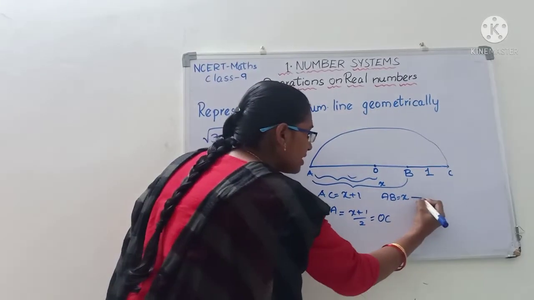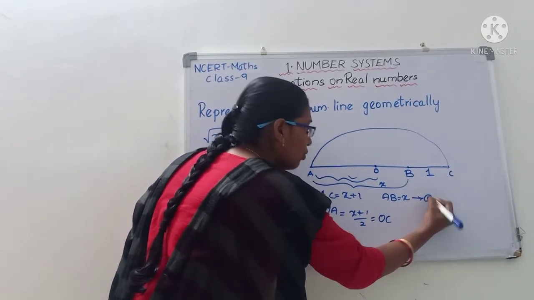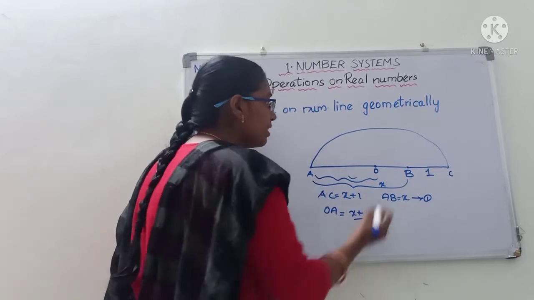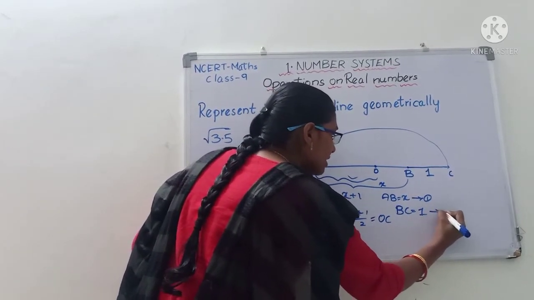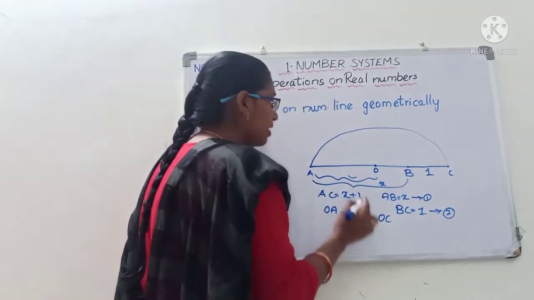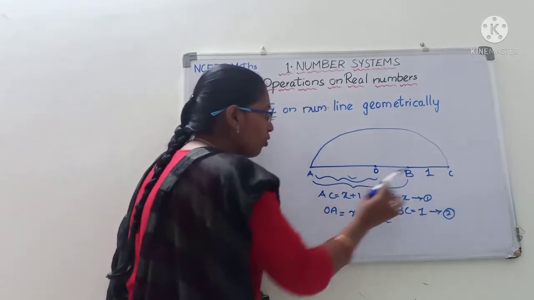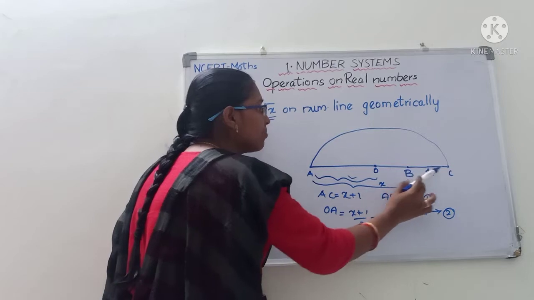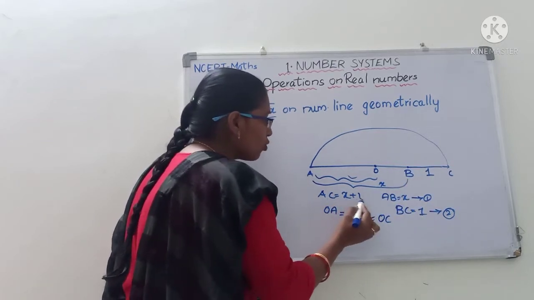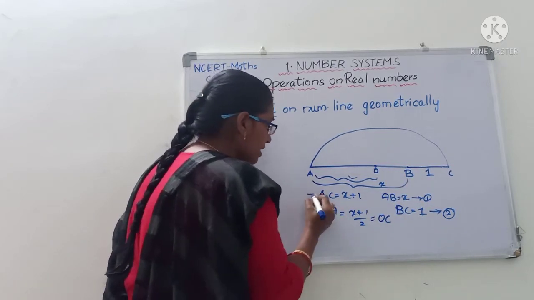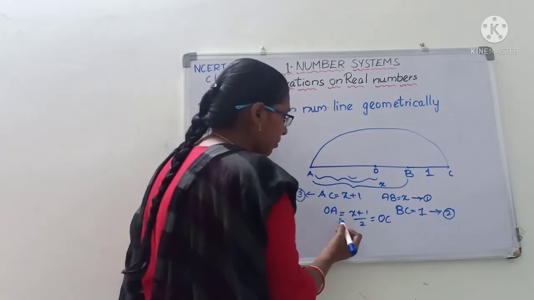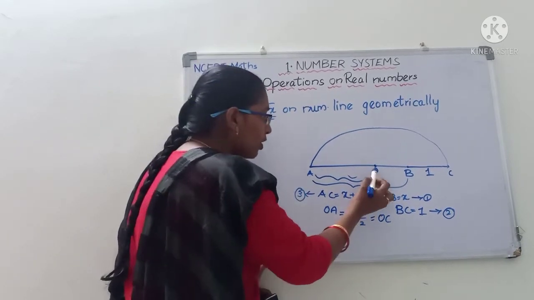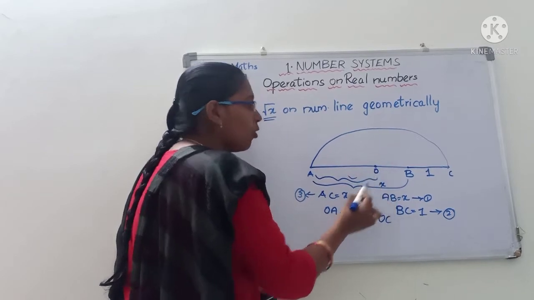Now first step is AB is x units. Then BC is 1 unit. This is second step. Then AC will be what, children? If AB is x units and BC is 1 unit, AC you get as x plus 1. This is third step. Then OA. Mark O. What is O?